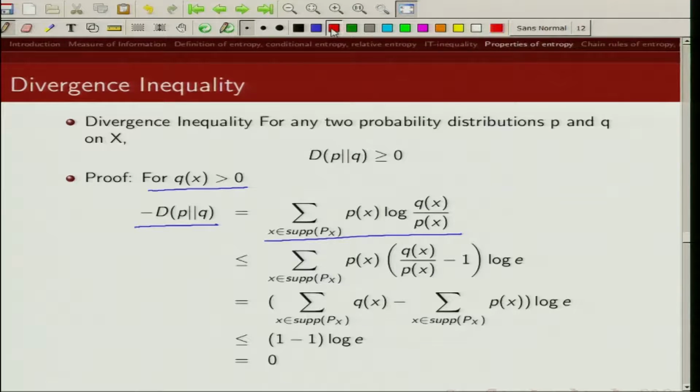Now I will again make use of the IT inequality.